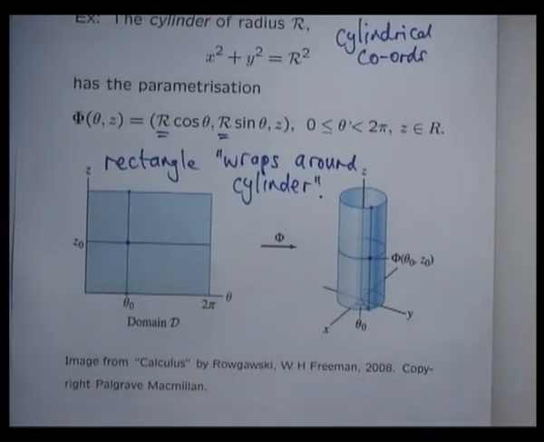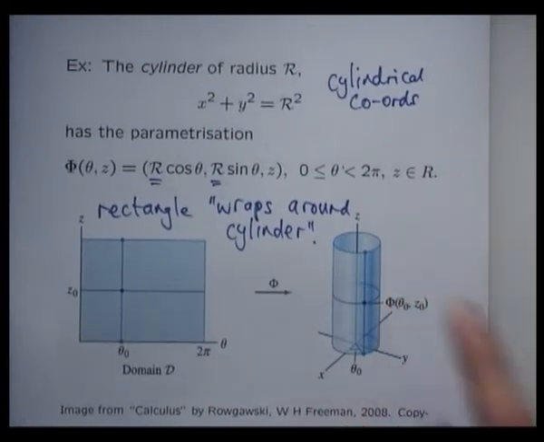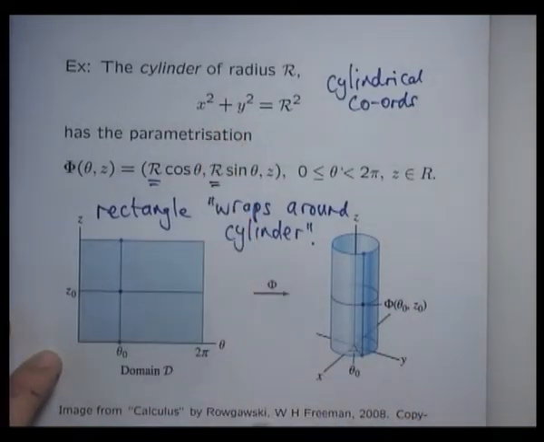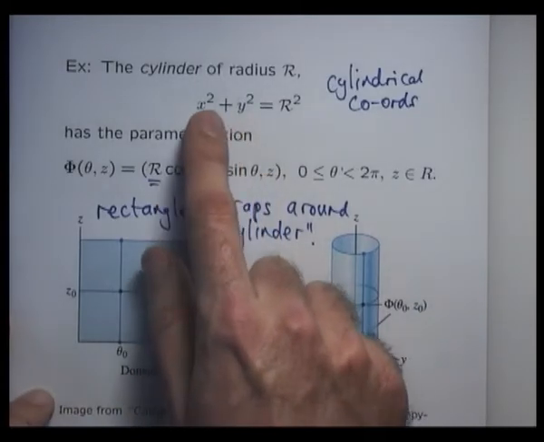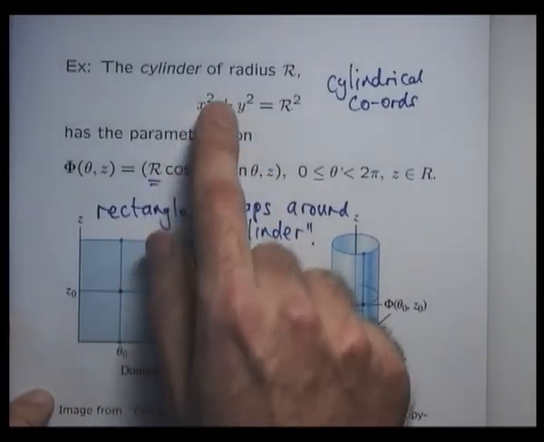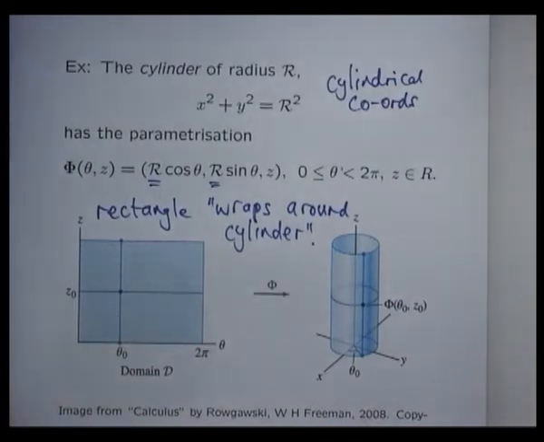Now, of course, to verify, how do I know that this is actually a correct parameterization? Well, if you're given the parameterization, you can just take the components and put them in here and see if the equation actually holds.